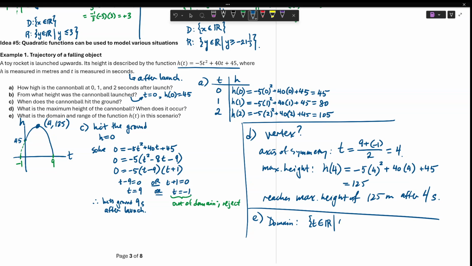So it's got to be in between or at 0 and 9. The range has to do with the outputs, which in this case is the height. So the maximum height is 125, and the minimum height, well, when it hits the ground, it's not going into the ground. It's not going to continue on the same trajectory. So the lowest height is going to be 0. So it's going to go from 0 to 125.